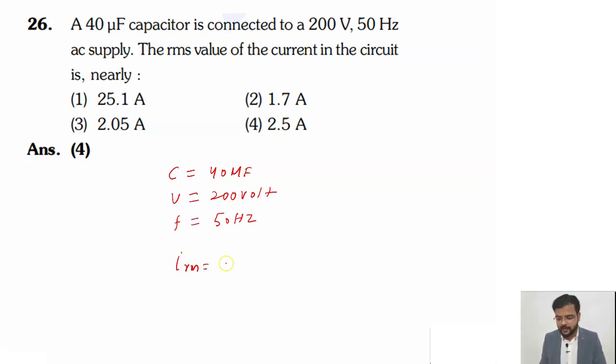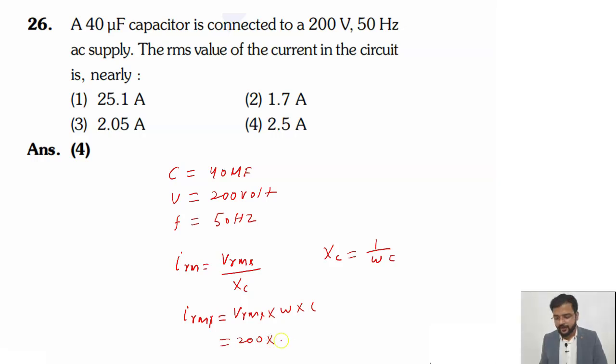So we know that IRMS equals VRMS by XC. XC equals 1 by omega C, correct? So IRMS can be written as VRMS into omega into C. VRMS is already given, 200 here.